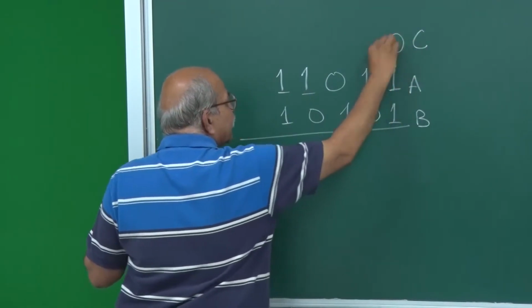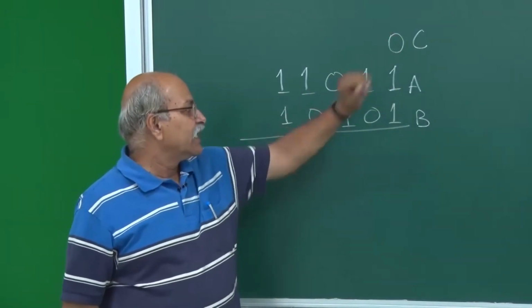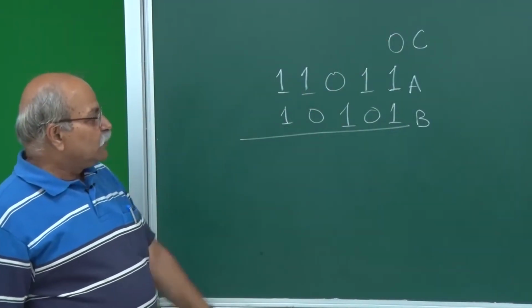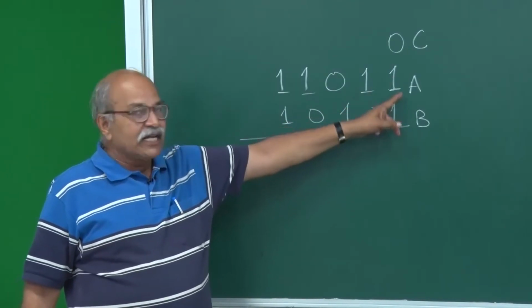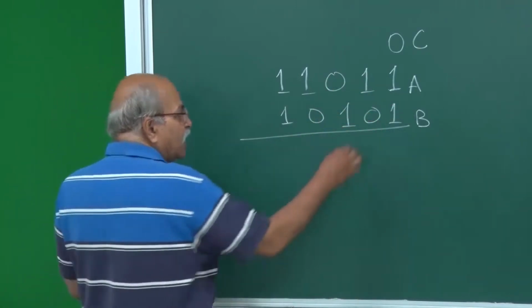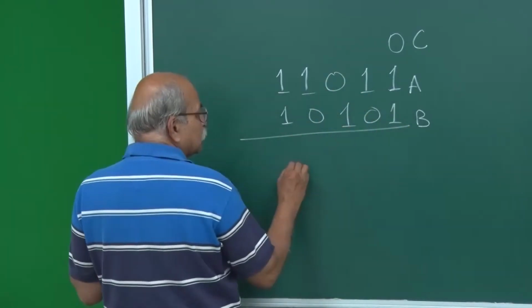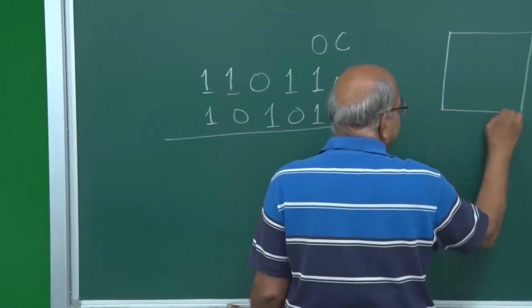So initial carry is always 0. Once you are in the rightmost position, initial carry is always 0. So what we do is we first half add these two A and B, half adder operation. So if you do this half adder operation, so let me write it here.